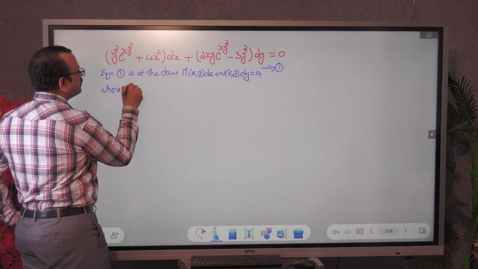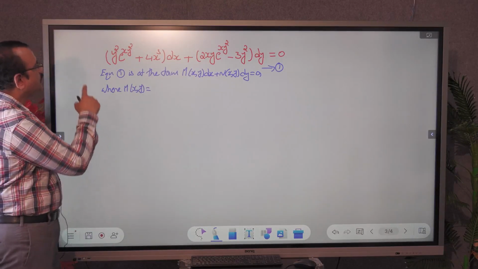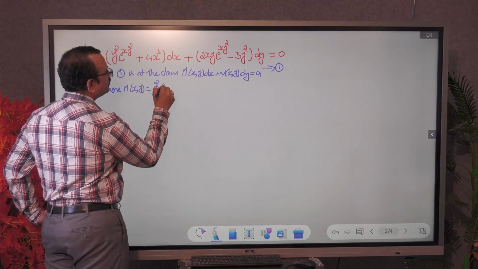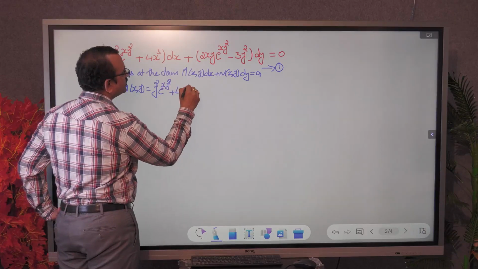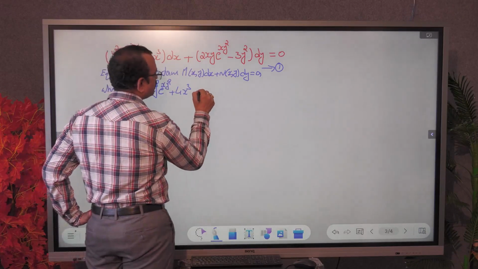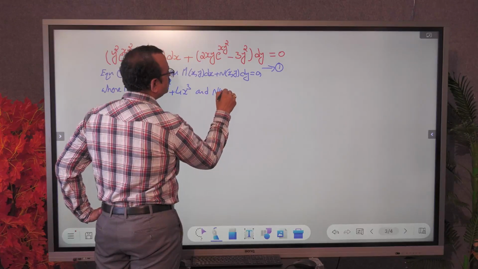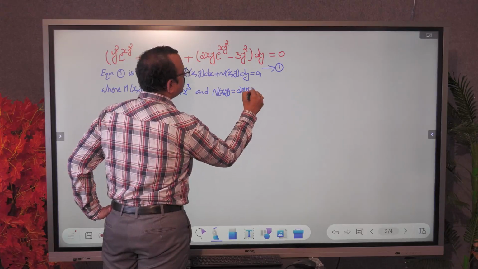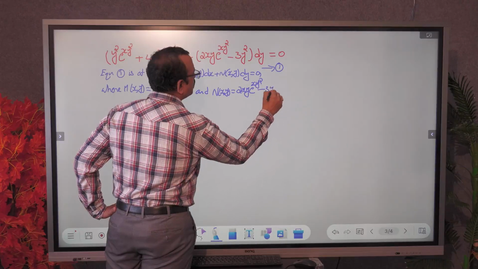whenever we compare the equation with this standard form, we get here M is equal to y square into e power xy square plus 4x cube, and N, in the sense N of x y, is equal to 2xy e power xy square minus 3y square.